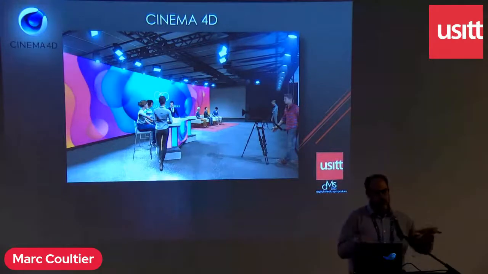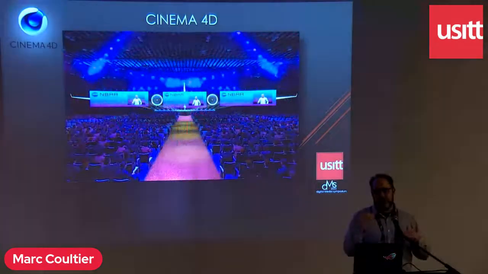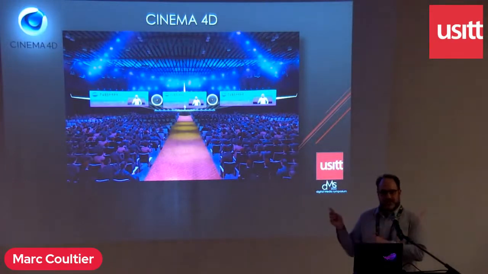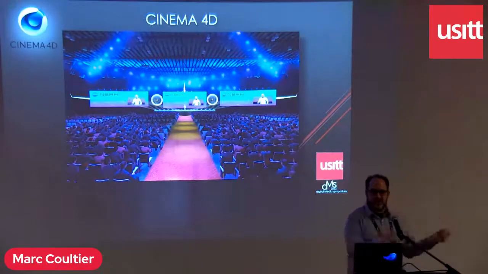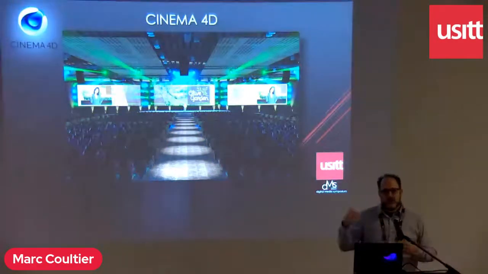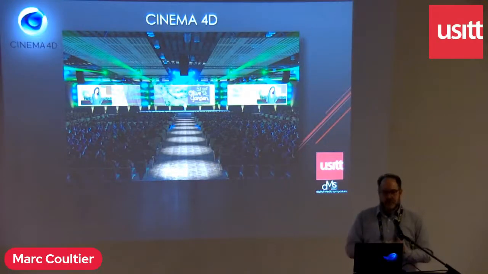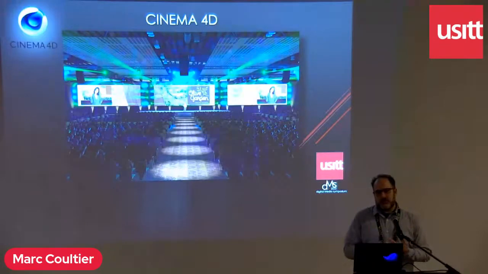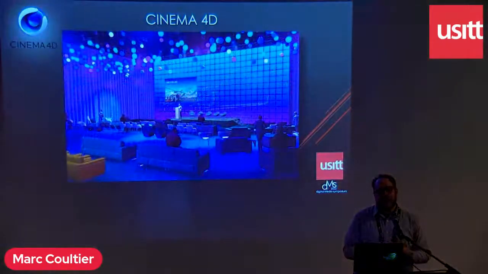Cinema and Vectorworks actually use the same rendering engine. It's just that when I put it in Cinema, it takes 10 seconds. When I put it in Vectorworks, it takes like 10 minutes, right? So I wanted something where I can control my materials, control my lighting output, and put in different assets.